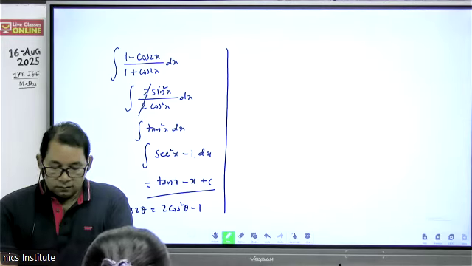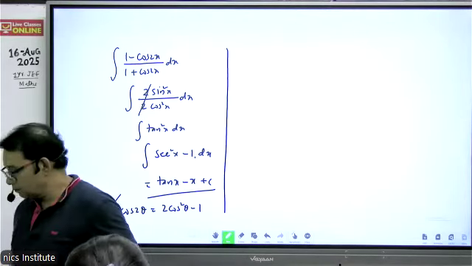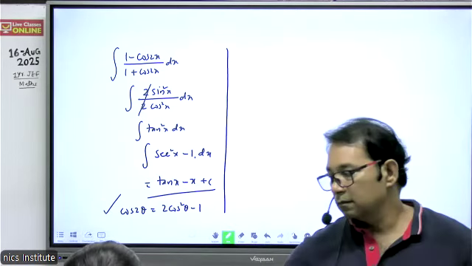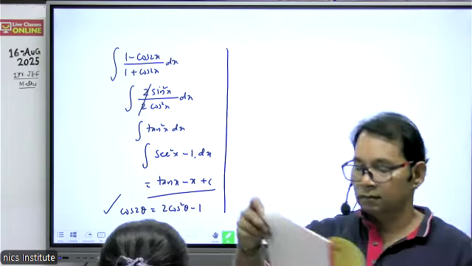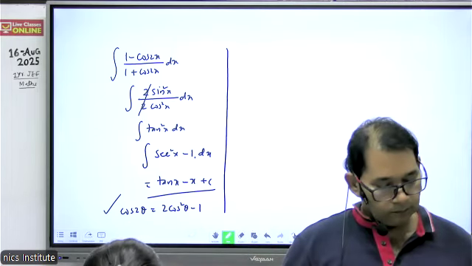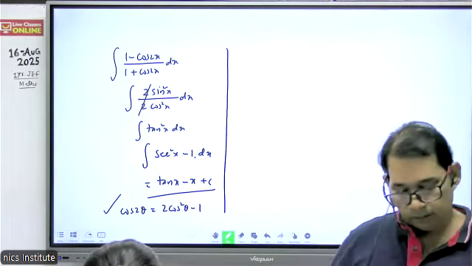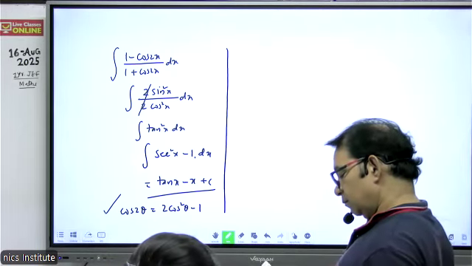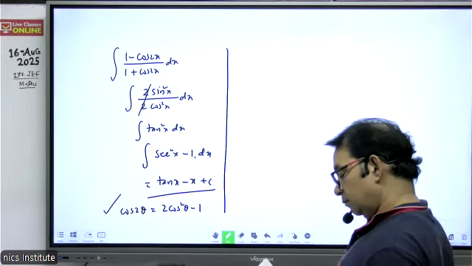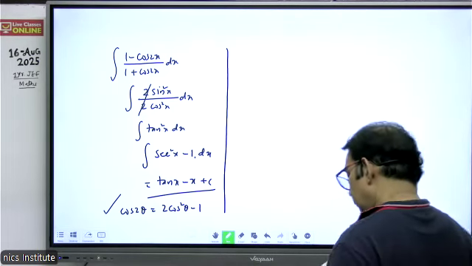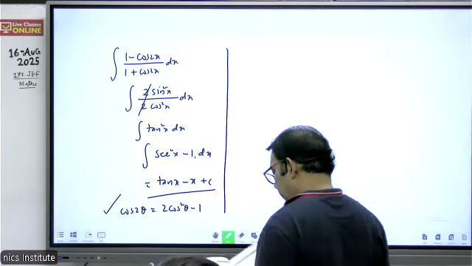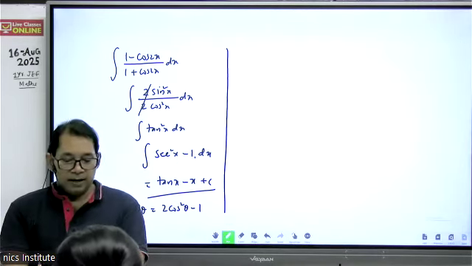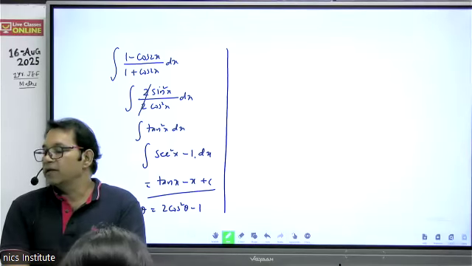Is it tan cube 2x sec 2x? Yes, sir. You can write tan cube x as tan square x into tan x.